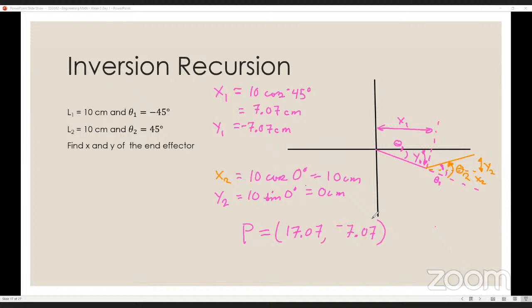Theta 2 minus theta 1. So it'd be 90, right? Is that 90? Is that correct? So, let's put it this way. Negative 45 is 315, yeah, 315 from there all the way around.